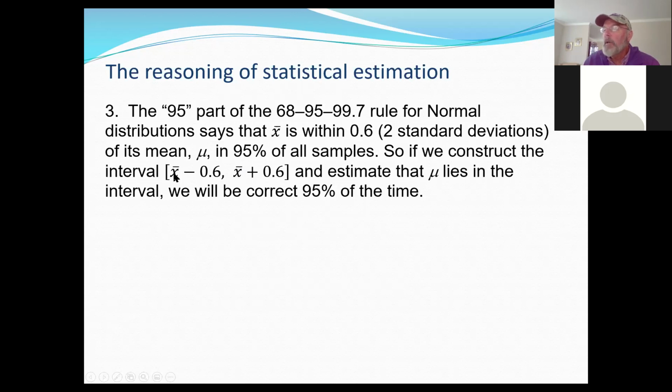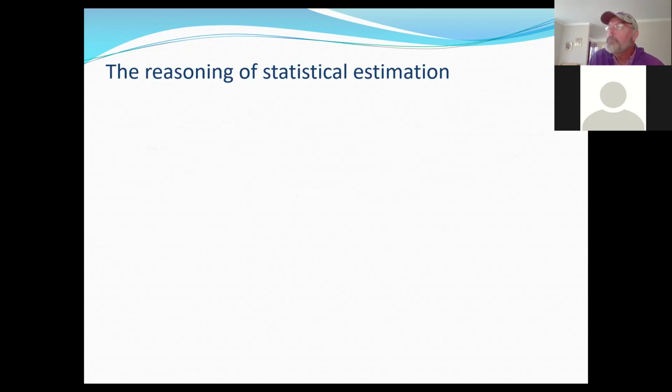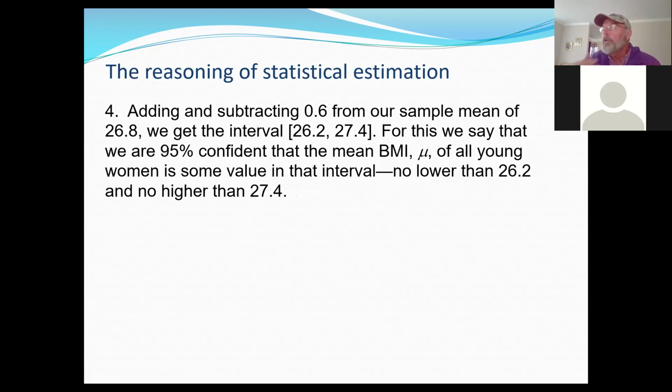So we're using the estimate, X bar minus 0.6 and X bar plus 0.6 to get our confidence interval. So when we do this, we're using 0.6. In this particular case, 0.6 is called the margin of error. 0.6 is the margin of error.